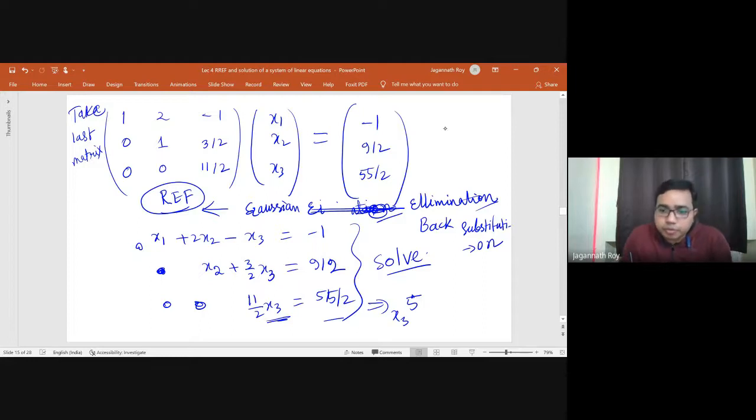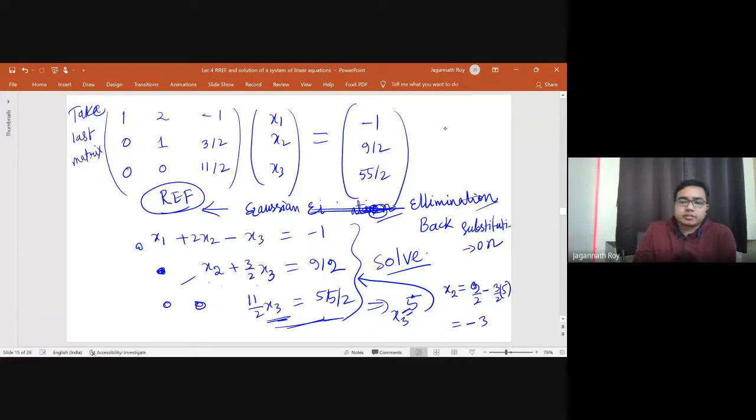So from x3 you will get 5. Now you will substitute here, back substitution. From here you will get x2: 9 by 2 minus 3 by 2 into 5. Then you will get x2 equals minus 3.